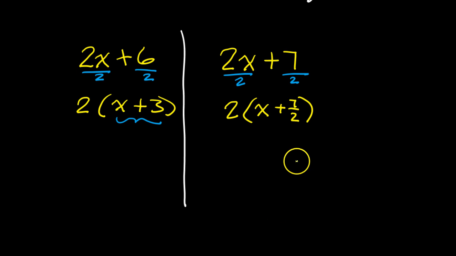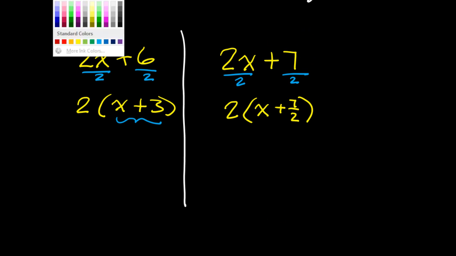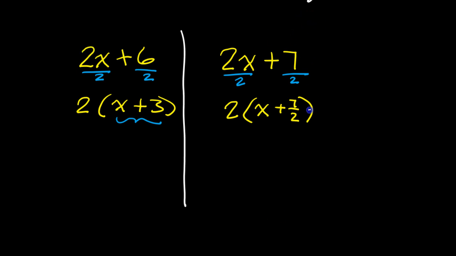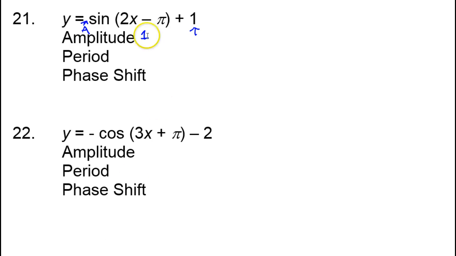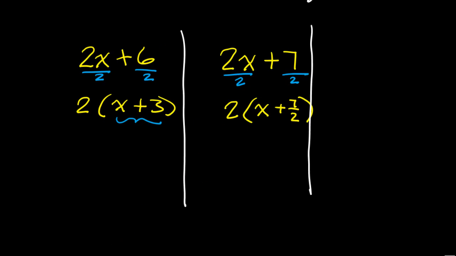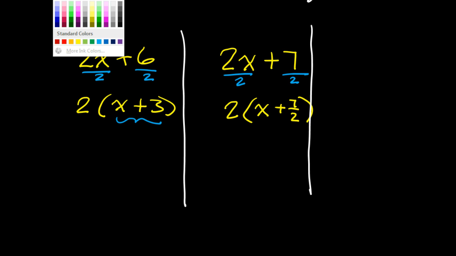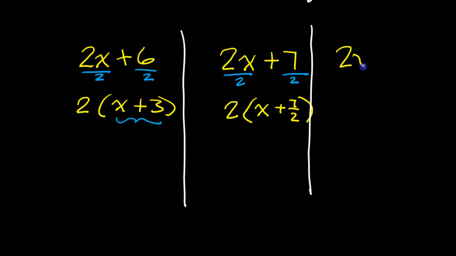Okay, now that you understand that, we are ready to talk about rewriting this equation. So if I have 2x minus pi, if I really want to pull out that 2, I can.